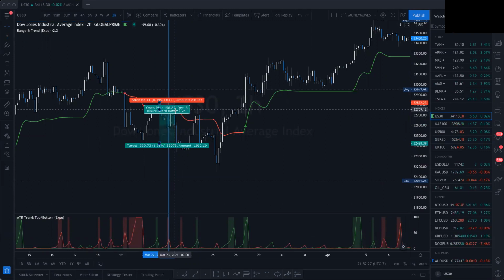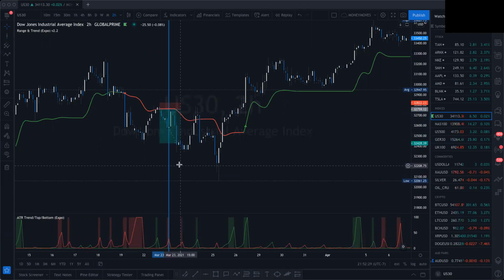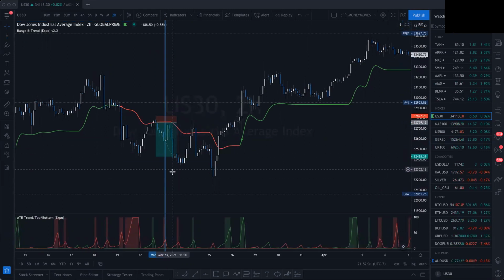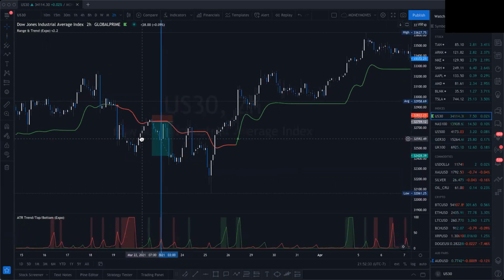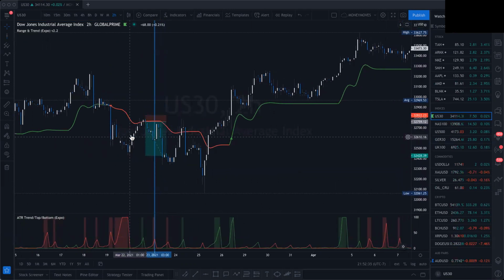Or what I can recommend is that you divide your risk into two. Have one trade running for a one-to-one risk reward, or to the last low, and also be able to take profit at the peak of the negative impulse here.